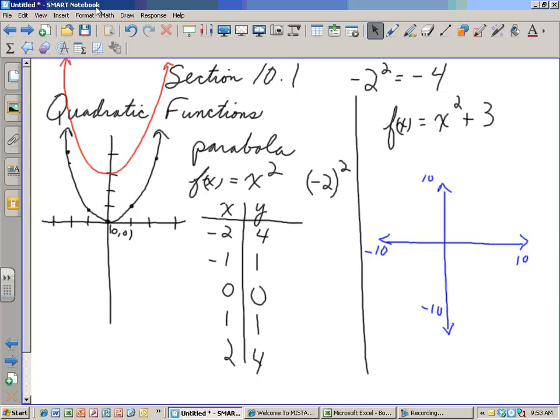Now if you hit enter on that, it'll graph, or you can hit your graph button in the top row. We should get that parabola that I drew, the first one.